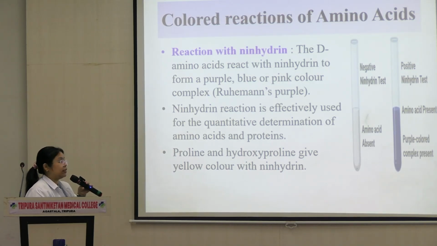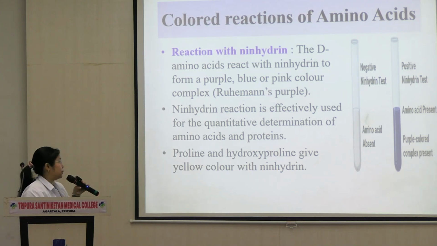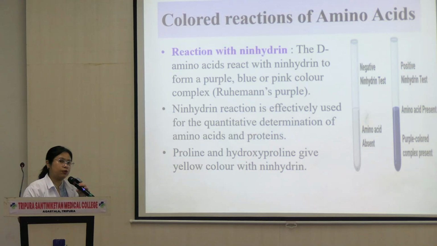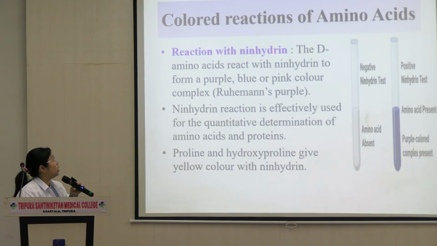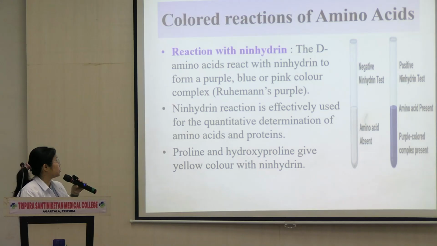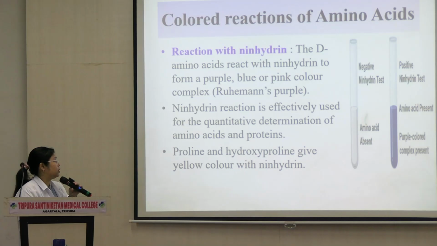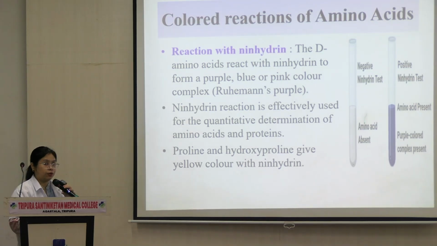But when there is a presence of D amino acid, then we will find that it has turned to purple. Another thing to see here is that proline and hydroxyproline also give a color with the same ninhydrin, but a different color, which is yellow in color. Okay. It helps us in determination of D-amino acids. It helps us in determination of the presence of proline and hydroxyproline amino acid.